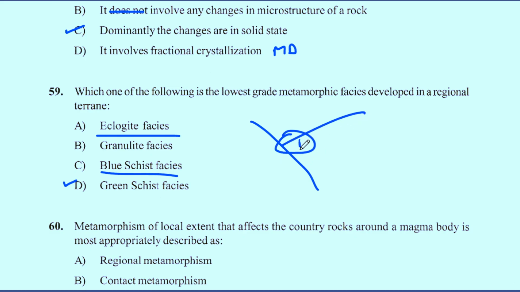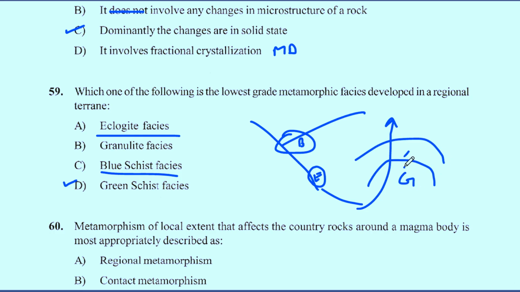First we get blueschist, and in depth we get eclogite. And suppose magma is coming up here. We get granulite grade rock, then amphibolite grade rock, then greenschist, then prehnite-pumpellyite, then zeolite grade. This is the sequence in regional metamorphism.